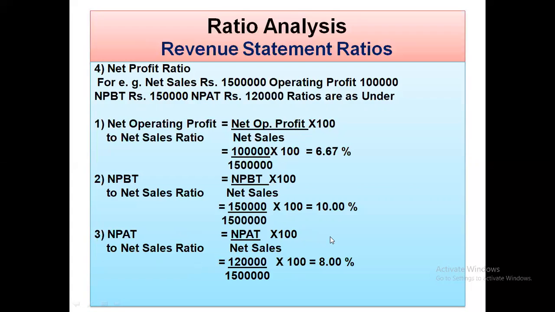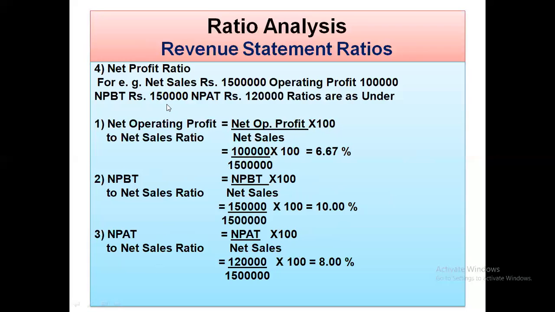All the profit ratios are expressed in the form of percentage, and the major purpose of these ratios is to indicate the net efficiency as well as operating efficiency, to measure the operating profitability and net profitability of the organization.